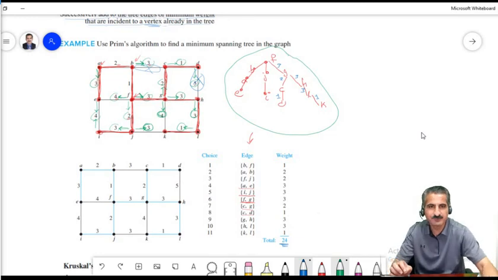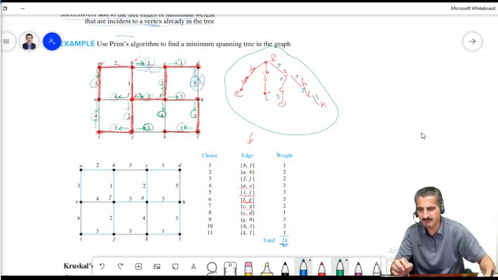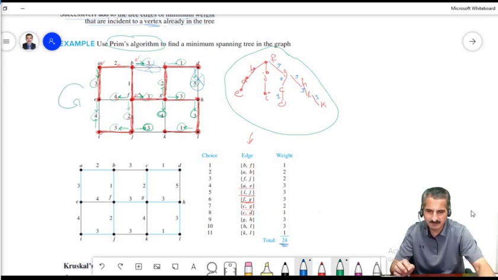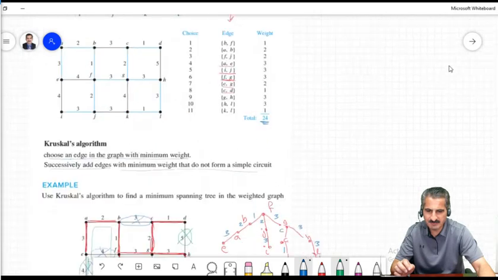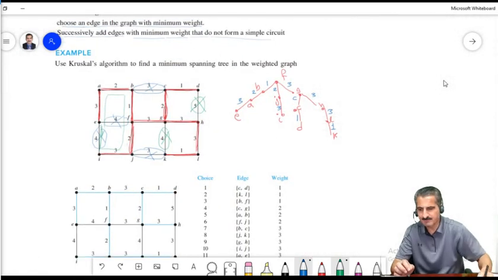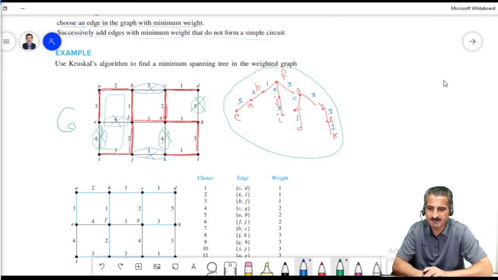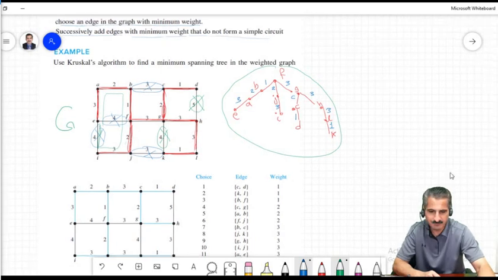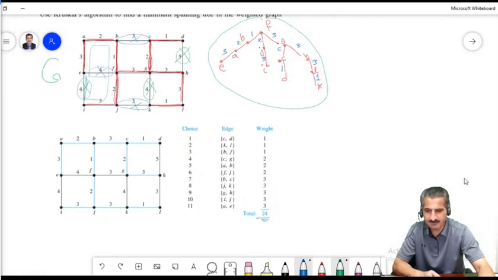So this tree that comes from Prim's algorithm for this graph G is the same as this tree, and we still have the same graph G, the same tree, the same edges, and the same summation of weights of the edges. Okay, and this brings us to the end of this lecture.